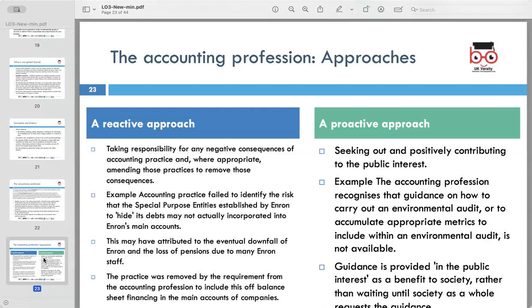The profession amended its practices to ensure greater transparency and accountability. We also see that the reactive approach involves addressing issues as they arise, and the profession can adopt a proactive approach by actively seeking to contribute positively to the public interest.